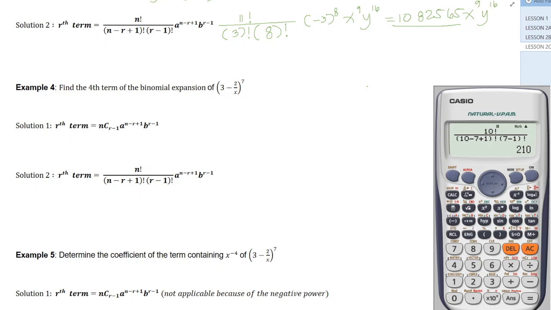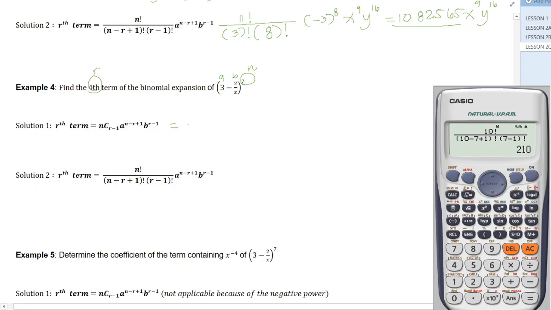If we are going to use solution 1, let us just substitute the values. Since that is 4, this is your n, this is your a, this is your b, and that is your r.